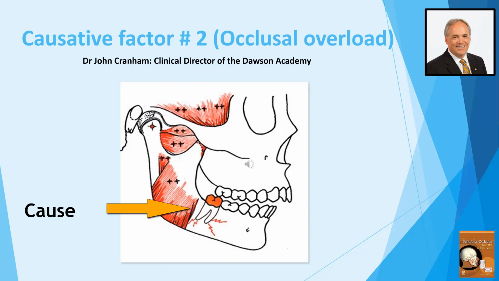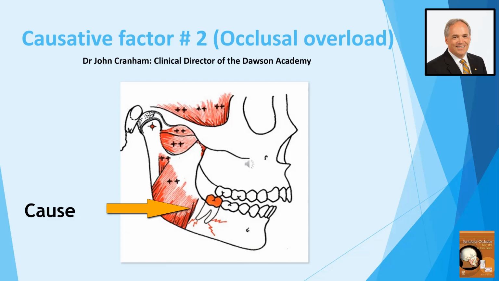And what's intriguing about this is that if somehow in a laboratory you took 10 people and you could set up the same occlusal interference on the exact same tooth, it's very likely that the 10 people would break down 10 different ways.